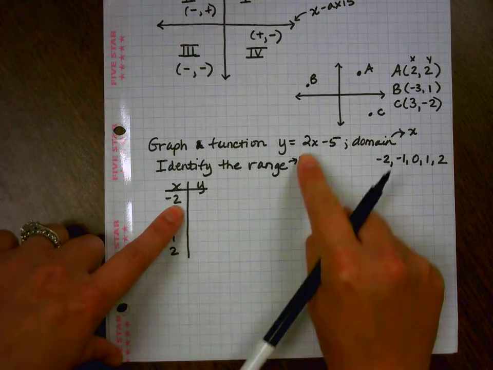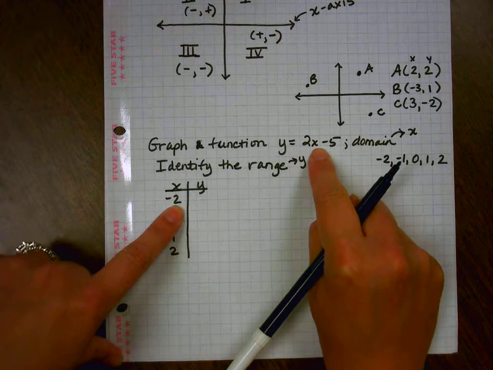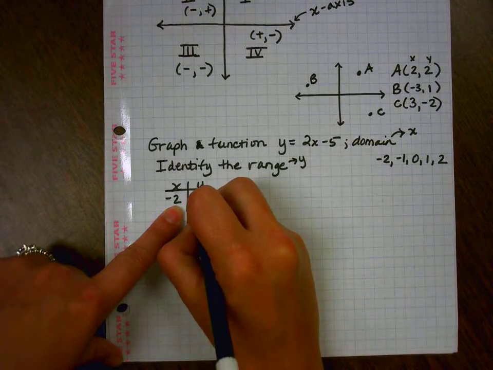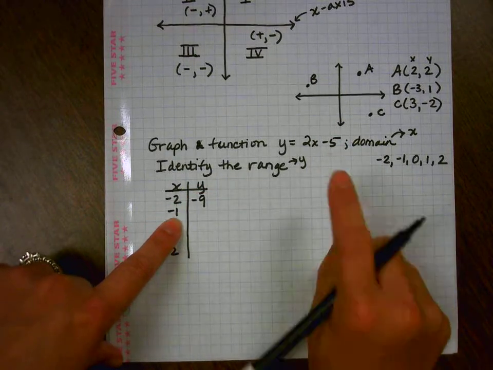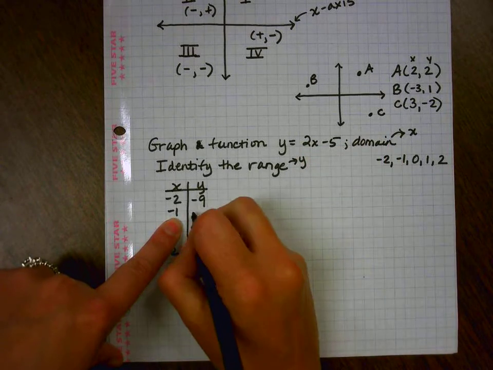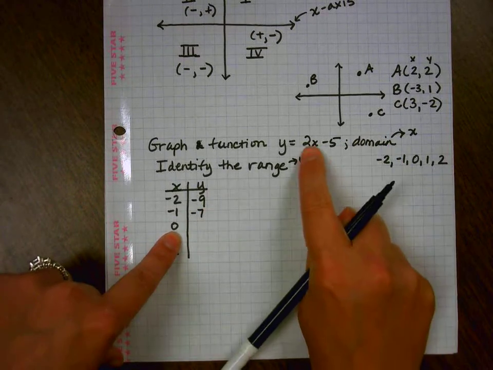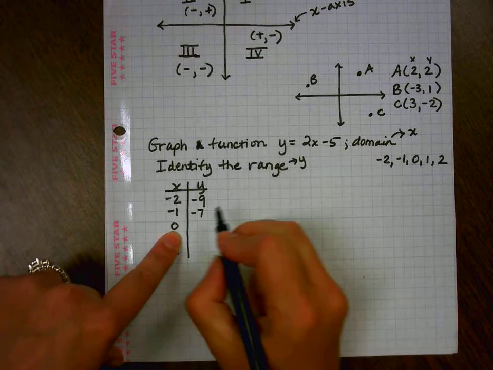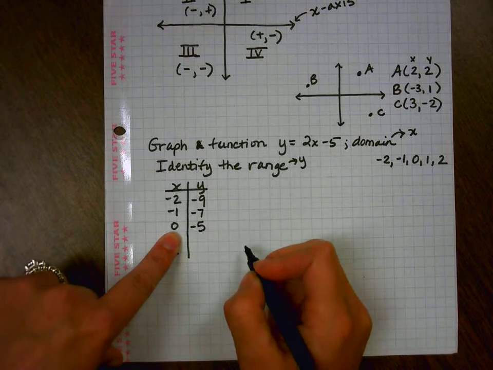So if I plug in -2 with 2, that's -4. -4 minus 5 would be -9. -1 times 2 is -2. Minus 5 is -7. 2 times 0 is 0. Minus 5 is -5. Do you see any kind of pattern on this table emerging?